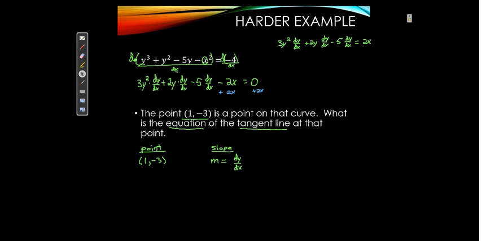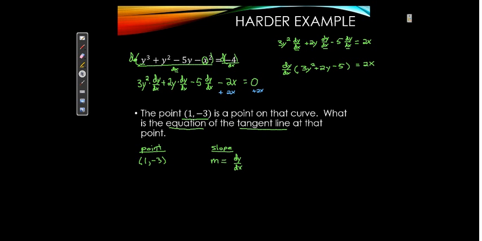Again, you can see they all have a dy dx, so we can factor that out. And then you're left with 3y squared plus 2y minus 5 equals 2x.